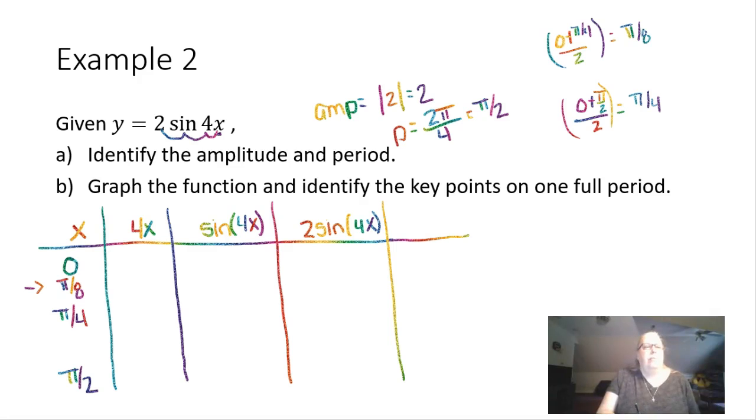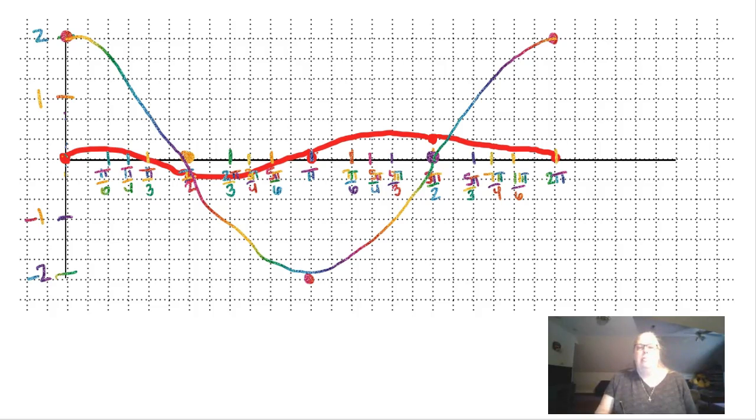Okay, I got 4 of my 5 key points. The last one I'm looking for is right here. This was a maximum, and it occurred between the two zeros pi and 2 pi, and it was exactly halfway in between, 3 pi over 2. This is halfway, this pi over 2 distance there, there's a pi over 2 distance here.